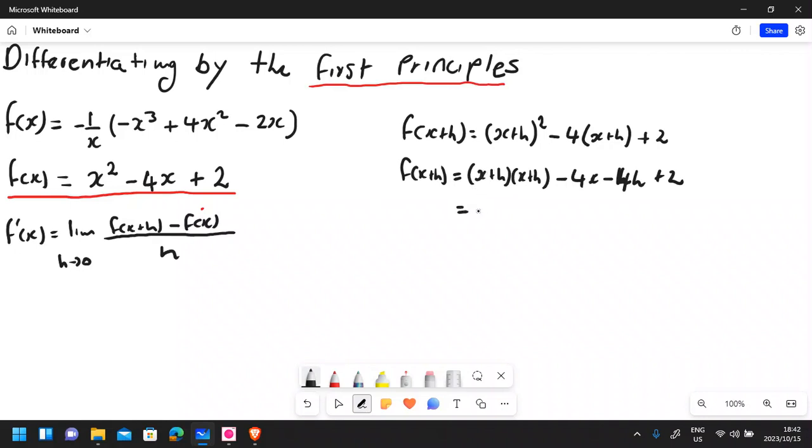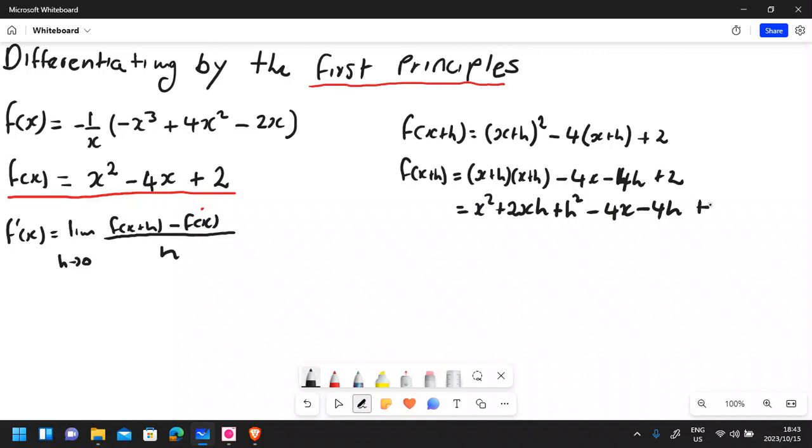So x multiplied by x is going to give us x squared, x multiplied by h is going to give us xh, h multiplied by x is going to give us xh. So when we add those two xh's, we're going to have 2xh, and then h multiplied by h is going to give us h squared.